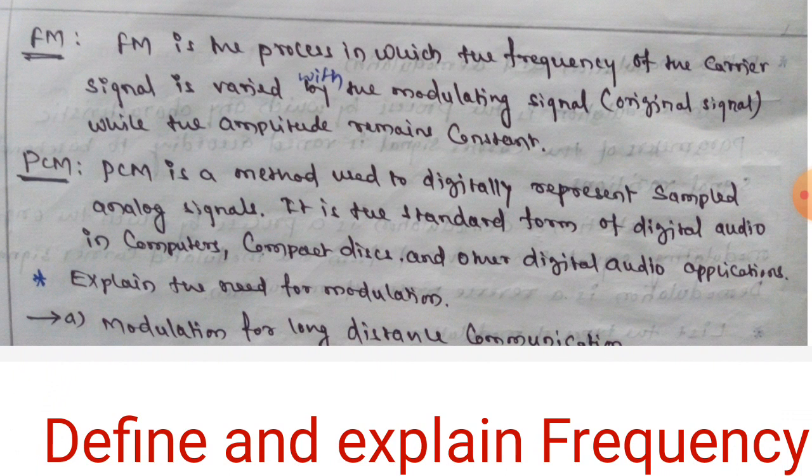Pulse code modulation, PCM, is a method used to digitally represent sampled analog signals. It is the standard form of digital audio in computers, compact discs and other digital audio applications.